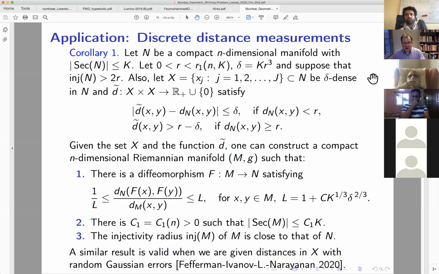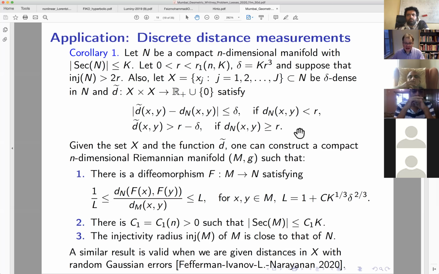And then we assume something mild for the injectivity radius. Let's now assume that we are given a delta-dense subset of the manifold that we want to study, and we also know the approximate distance function. The approximate distance function is such that for small distances, it is close to the true distance up to error delta, and for large distances, it can actually be anything. It's just something big enough.